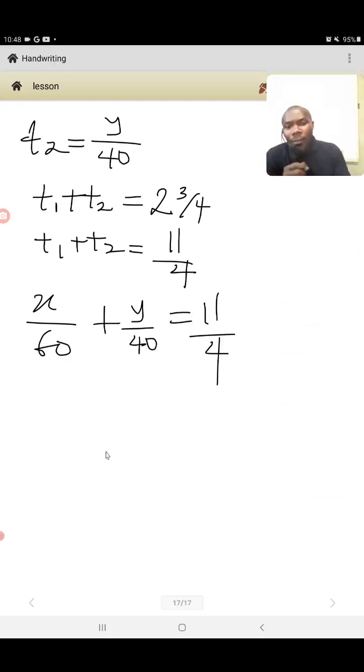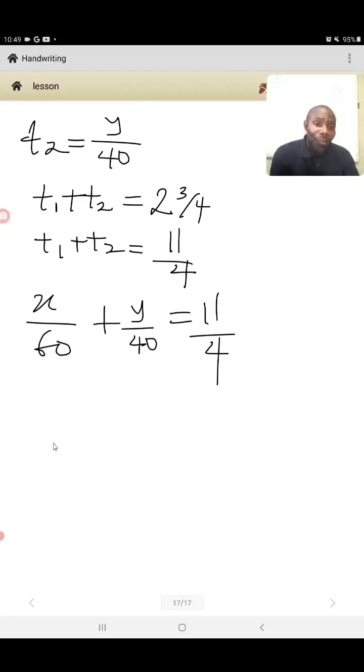What can we do at this junction? Let's make this equation to be in linear form. So let's find the LCM whereby 60, 40, and 4 can go through.